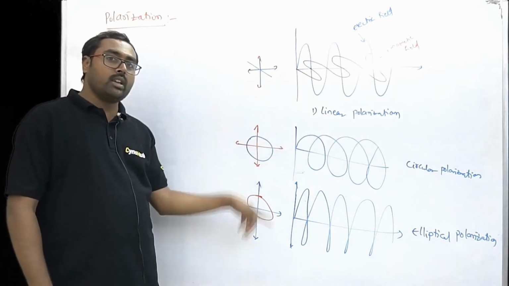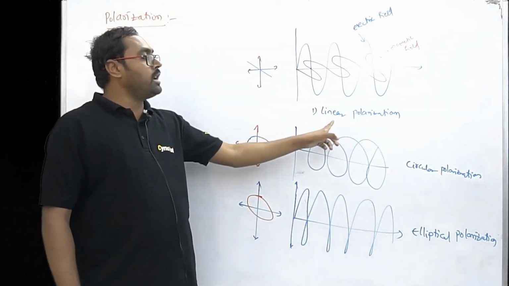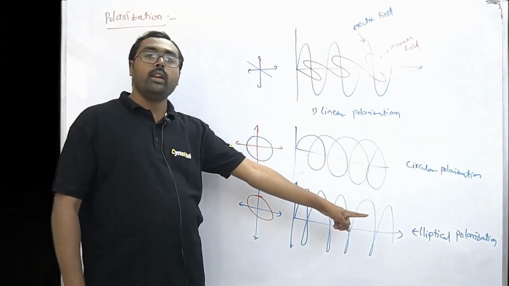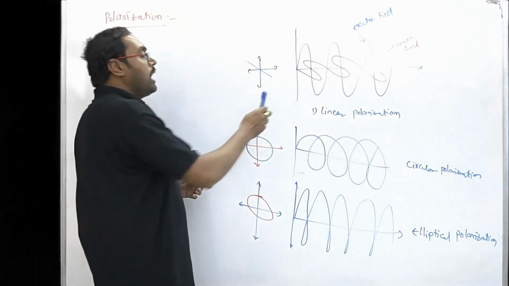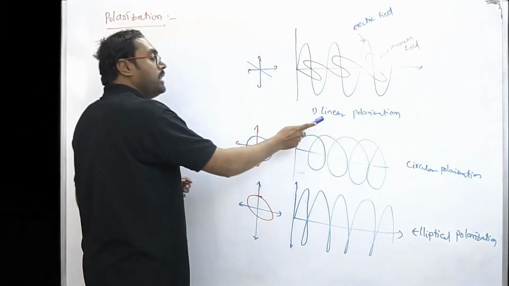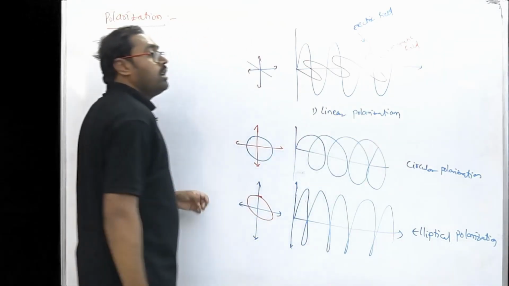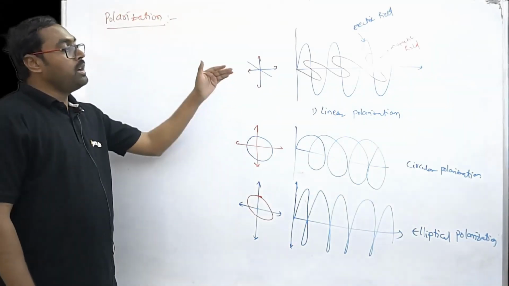In the name itself, it states that the wave is polarized linearly, circularly or elliptically. Whatever the wave transmitted along the axis should be linear, circular or elliptical, but among these three there are some differences.